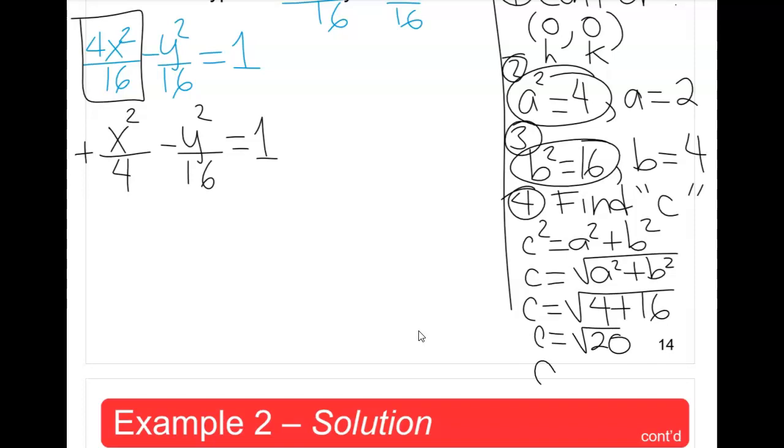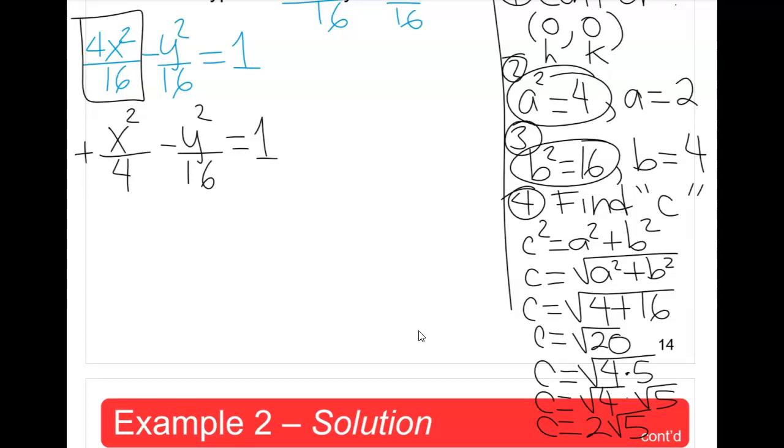So from here we have that c is equal to the square root of 20. Now WebAssign might want you to enter, if they ask for the value of c and they want an exact answer, you may have to simplify this root as 4 times 5, which is the same as the product of the square root of 4 times the square root of 5. And so we take the square root of 4 as 2, and then the square root of 5 stays in. So that would be the exact value for it.